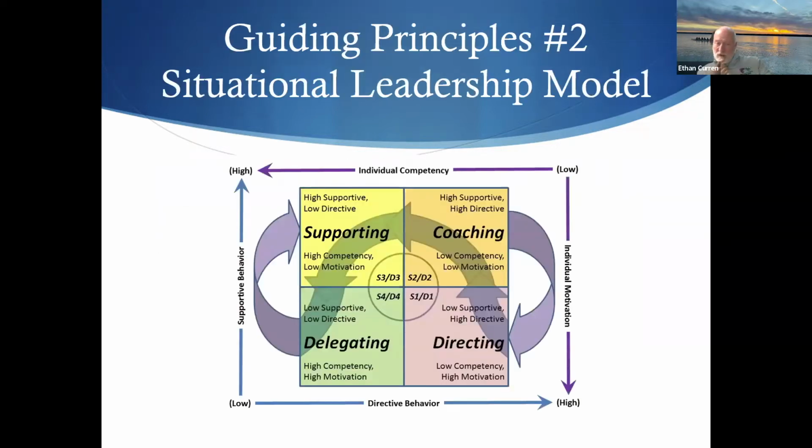The second principle I want to introduce people to, and we could spend hours just talking about this, is the idea of a situational leadership model, which is basically understanding that the athletes are going to start out in a situation where they actually are usually fairly motivated but have very low competency.